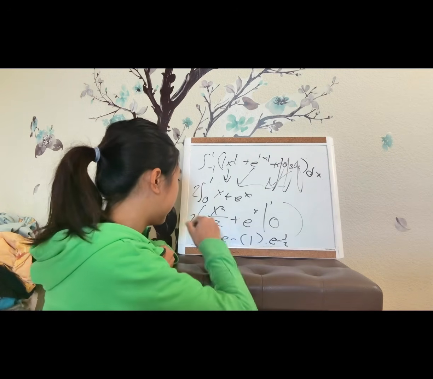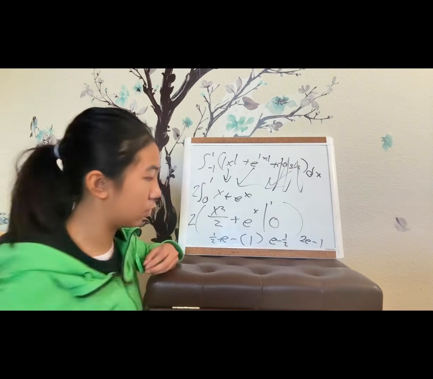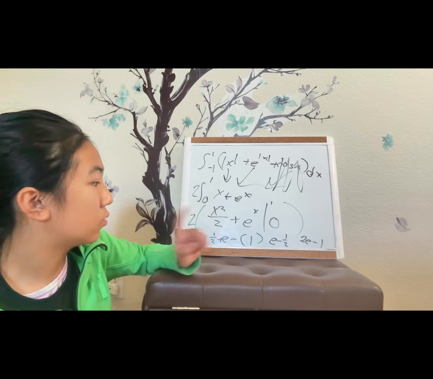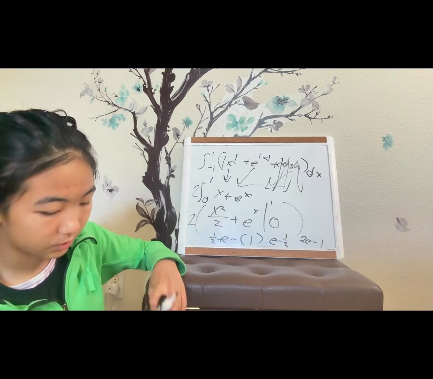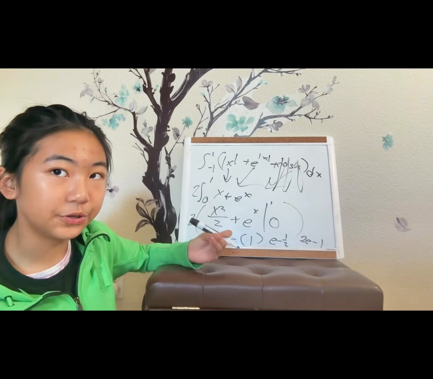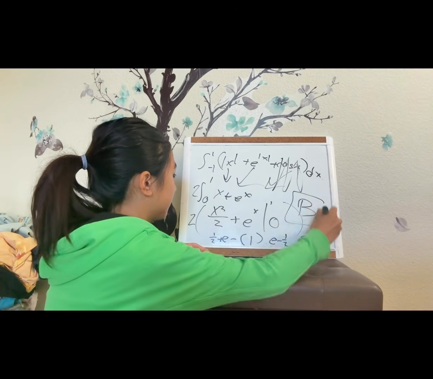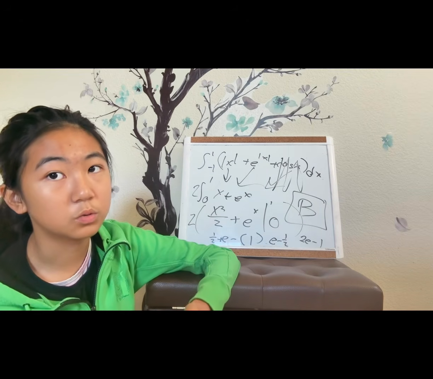And then we multiply this by 2, so we get 2e minus 1. Booyah. And then, so we get 2e minus 1 and the plus 2 sine 1. And so, as we can see in the options, the only correct answer is B. See? We are so smart.